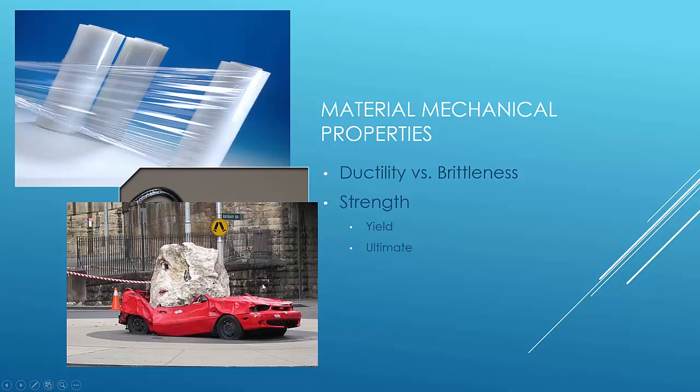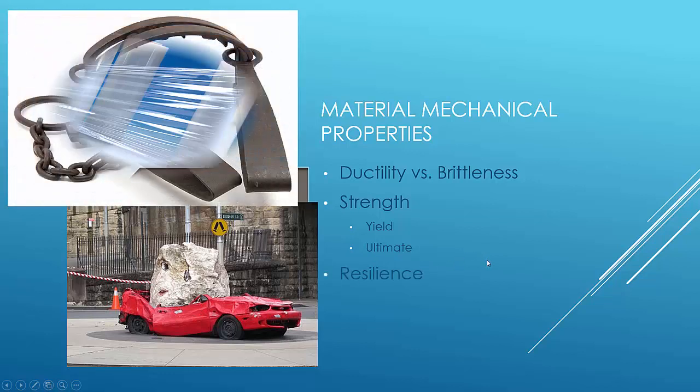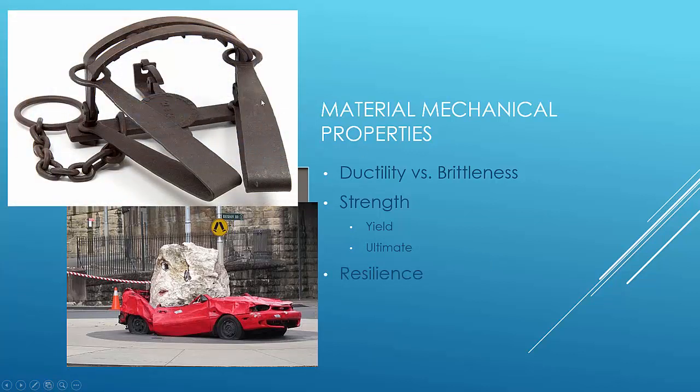This vehicle did not do well in this particular encounter, and so therefore the ultimate strength of many of its materials was exceeded. Resilience. Springs are a classic example of resilience, so you could use them over and over again as they store that energy that allows them to snap back.